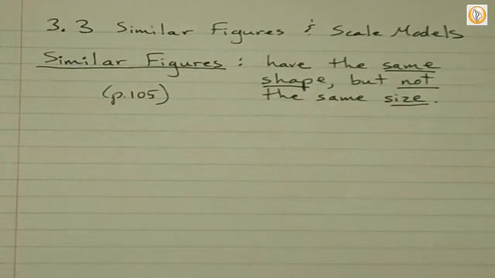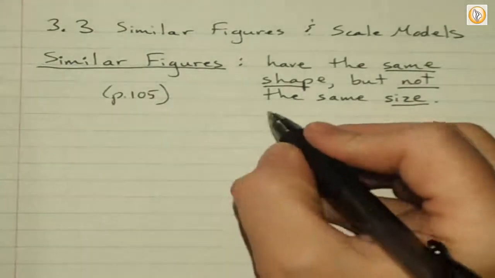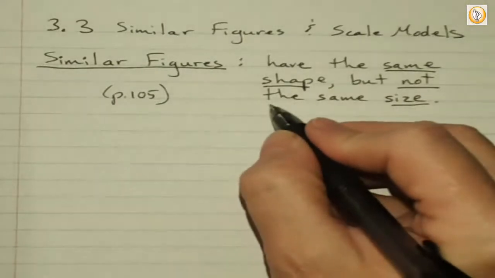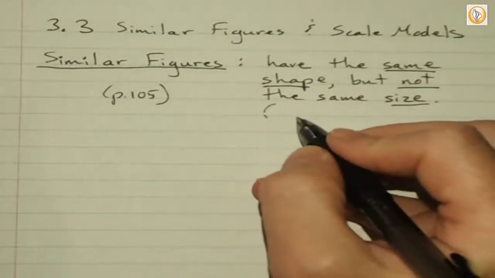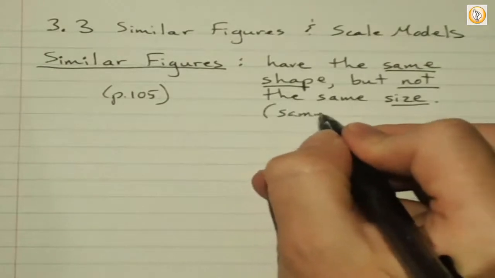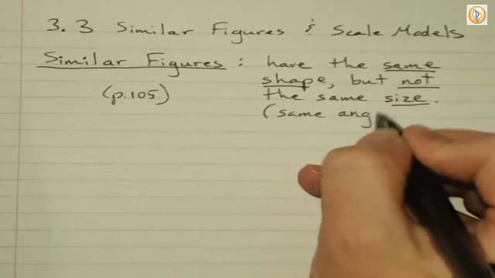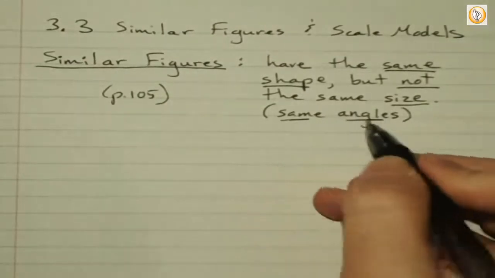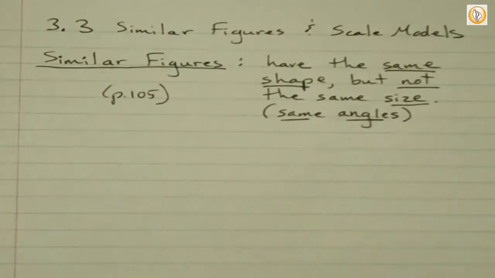Something I want to add here. They don't have the same size, but what about their angles? They do have the same angles, because the size of those angles does not change. 45 degrees is 45 degrees, whether it's on a big figure or a little figure.